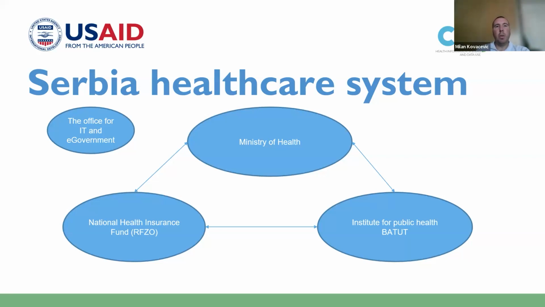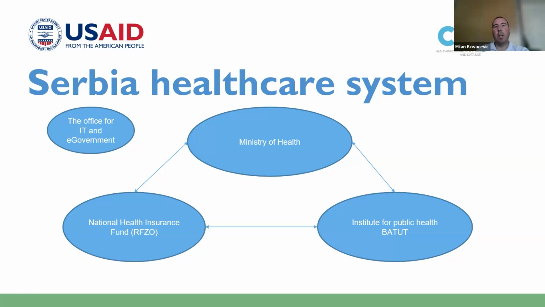The Institute of Public Health, BATUT, is in charge of the collection and reporting of health data from the healthcare facilities, and the National Health Insurance Fund pays for medical services, reimbursing the healthcare facilities based on the services that are reported to them.